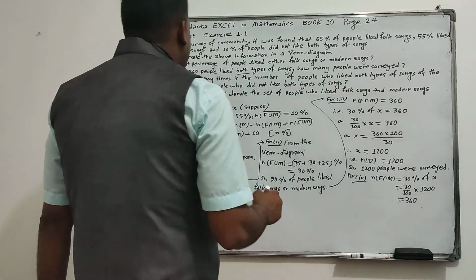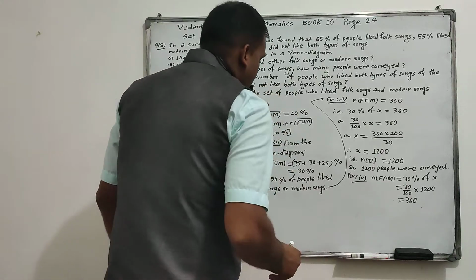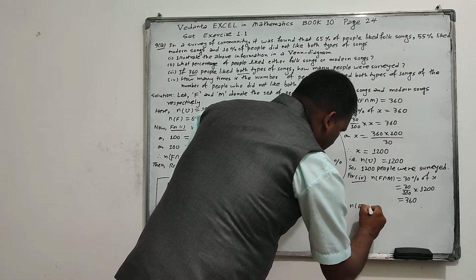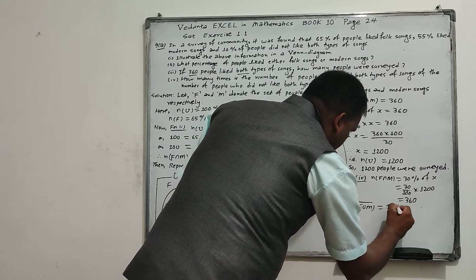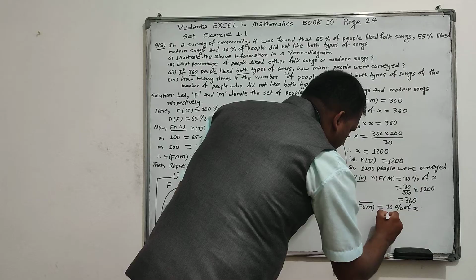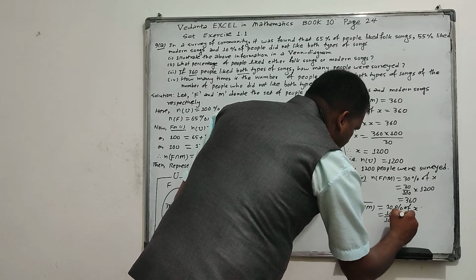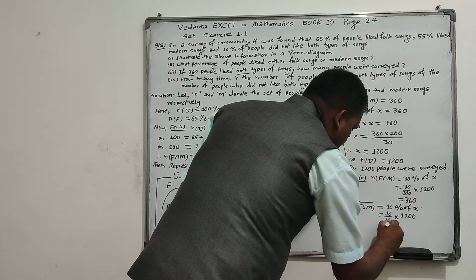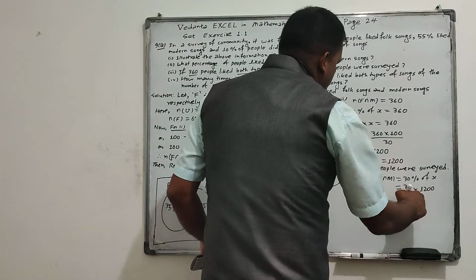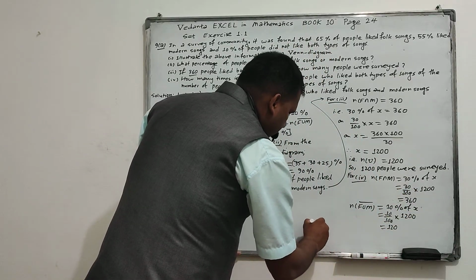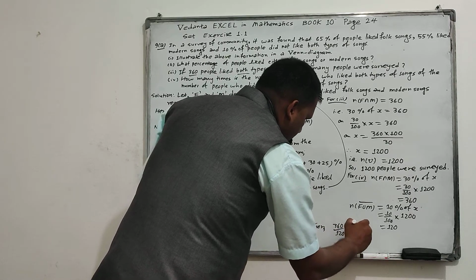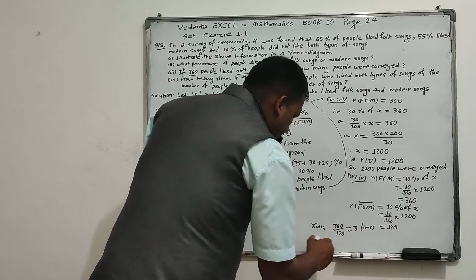And the number of people who did not like both types, that is complement part, 10% of X. Number of (F union M) complement equal to 10% of X, this equal to 10 by 100 into 1200, that is 120. So 360 divided by 120 equal to 3 times.